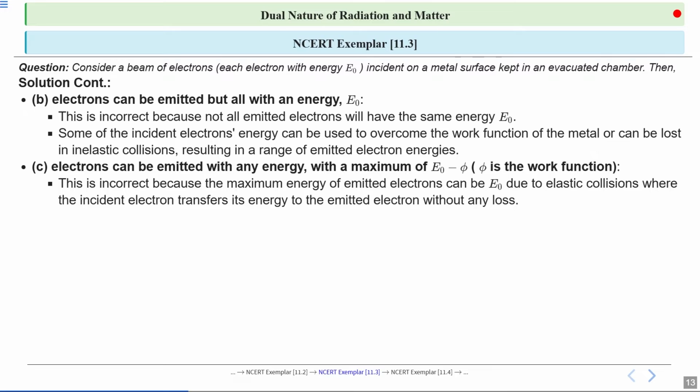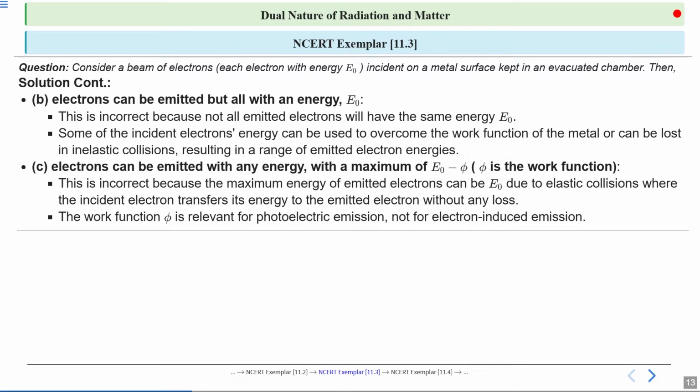The work function doesn't limit the energy in the same way as in the photoelectric effect. Remember, the work function phi is specifically important for photoelectric emission, where photons are involved. Here, since we are dealing with electrons hitting the metal, the process is different.